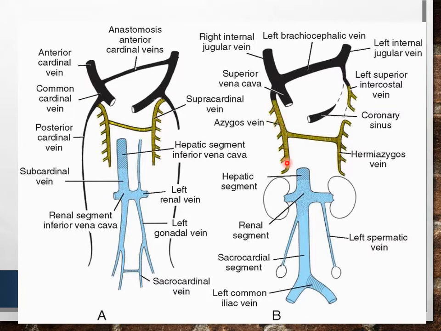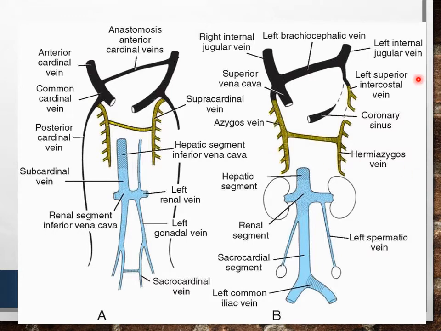On the right side, this supracardinal vein is giving rise to the azygous vein, and the tributaries are the 4th to 11th right intercostal veins entering into this supracardinal vein, and later on it becomes the azygous vein on the right side.